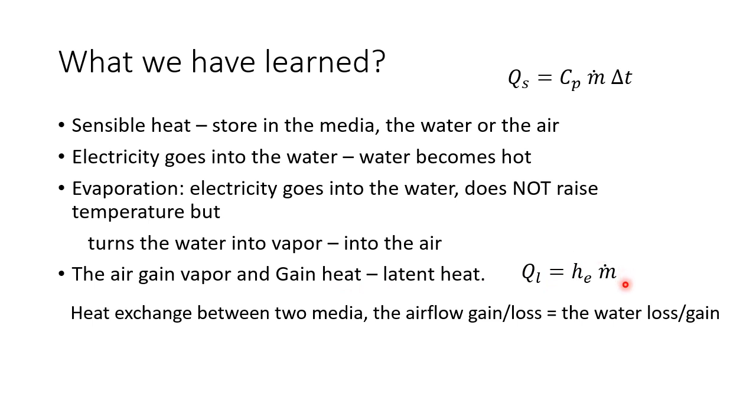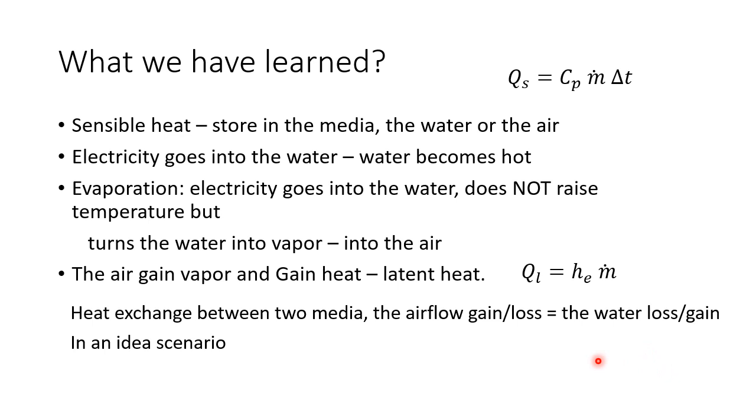Be careful, this mass dot is the evaporation rate, how many kilograms of water turn into vapor per second. And what we see later is QL equals HE, mass flow rate, and moisture content change. In that formula, this will be air flow rate. All right, so don't be confused.